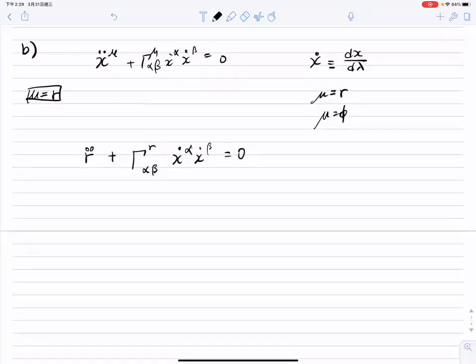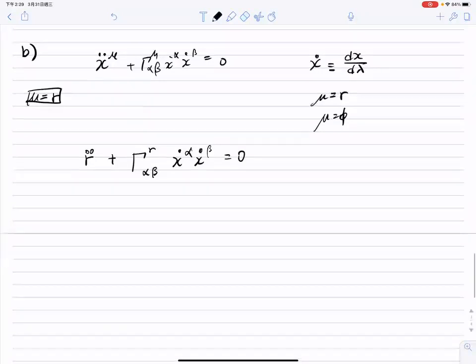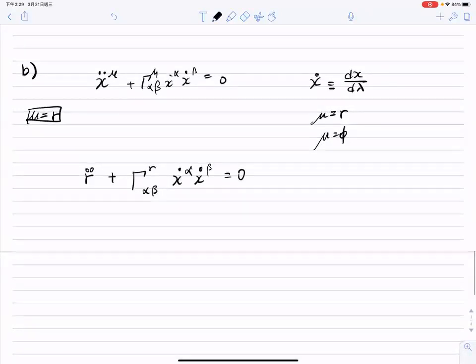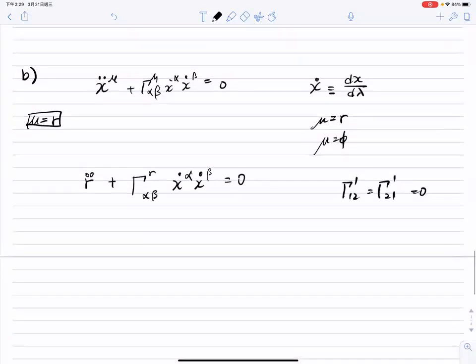And what is the non-zero component left for the Christoffel symbol? As we have talked about above, we don't have any 1, 1, 2, and so on. This guy would be 0, right? And then we have 1, 1, 1 and 1, 2, 2 being non-zero.